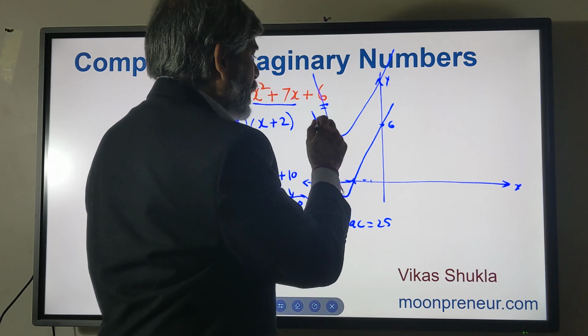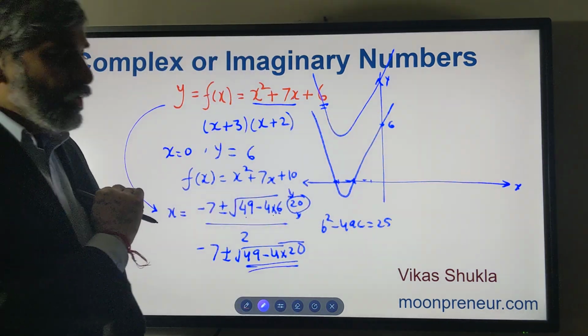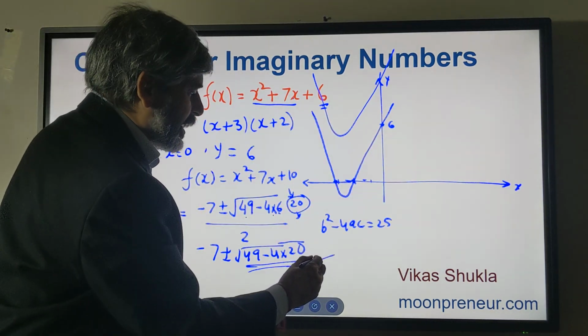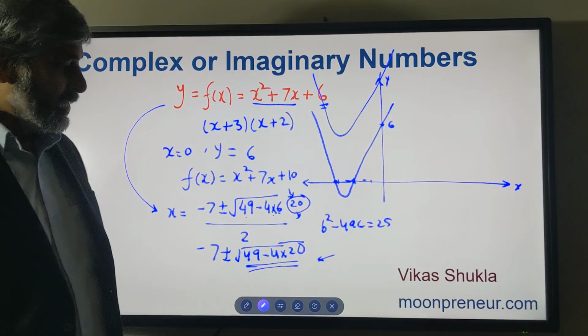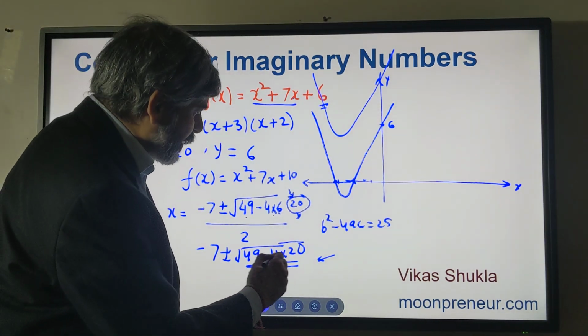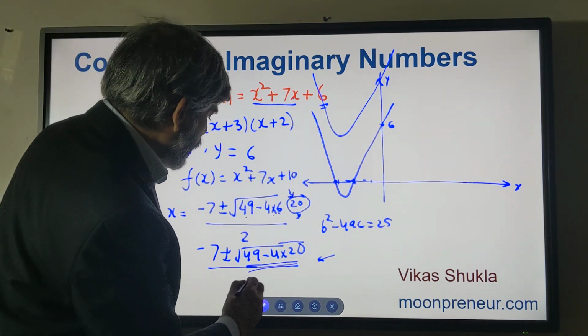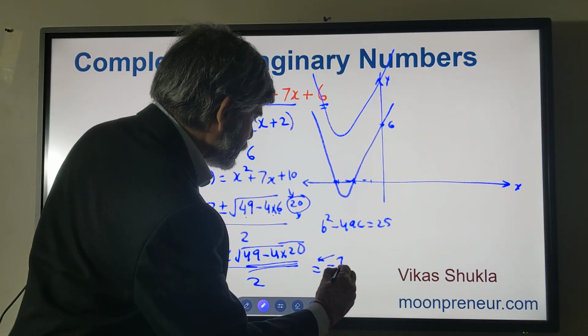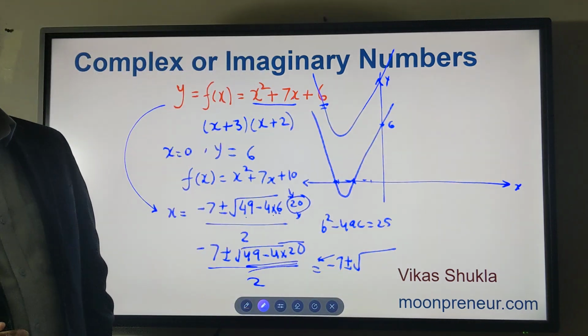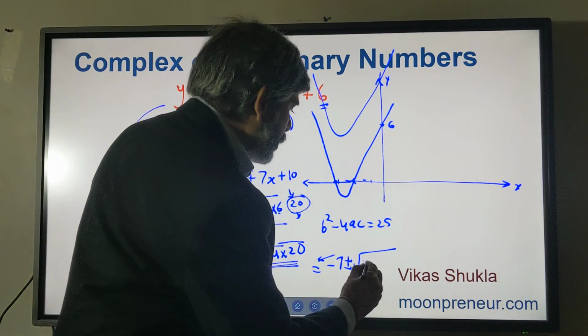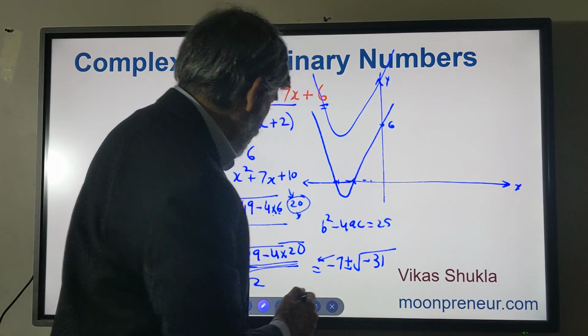At that point of time, it does not cut anywhere on the x-axis, and at that particular point we have an imaginary solution, because this square root, for example, this one has a solution of minus 7 plus minus square root of 49 minus 80, which is minus 31.